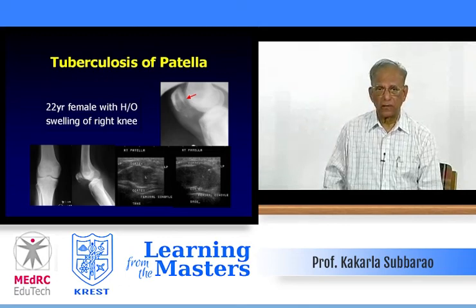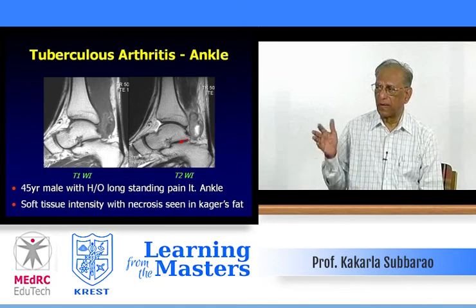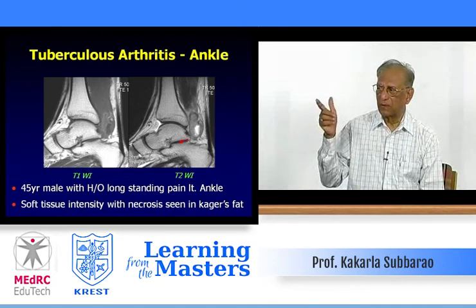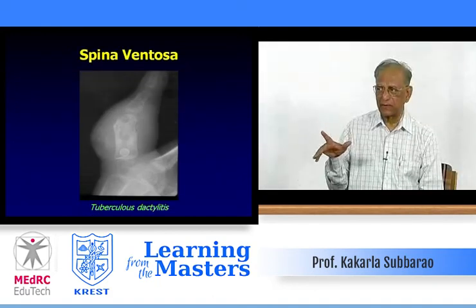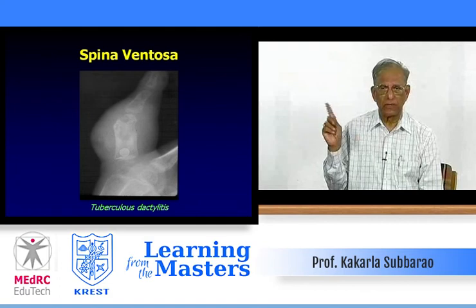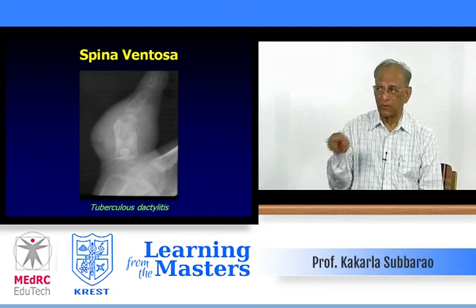Of course, on ultrasound you can outline the abscess. Ankle, look at the pretuberculous bursa with an abscess formation. Tuberculous dactylitis, spina ventosa, I was referring to earlier, as if there is a wind blowing the phalanx, widened central lucency, with a huge soft tissue swelling.